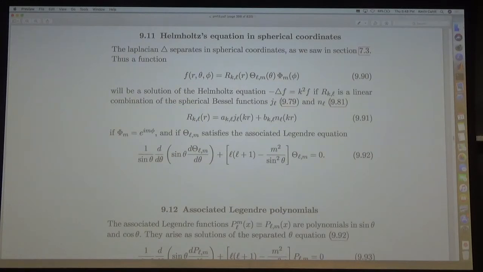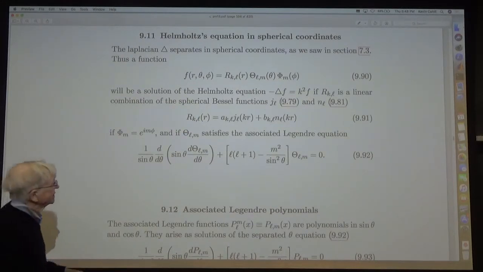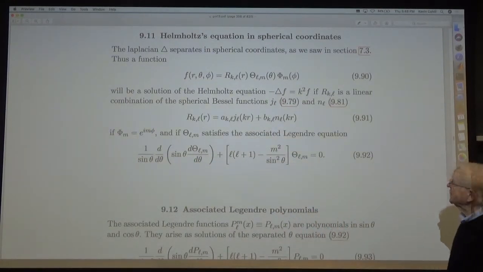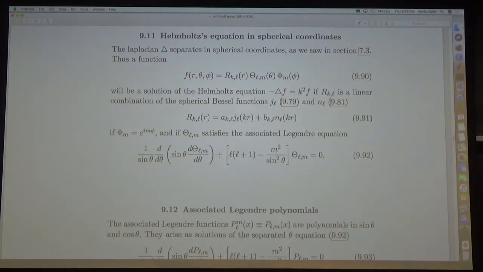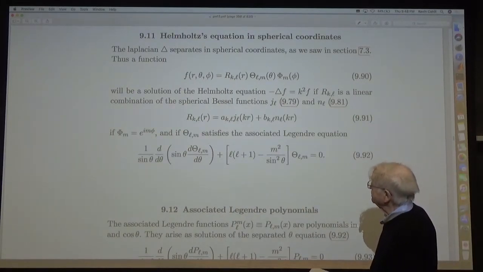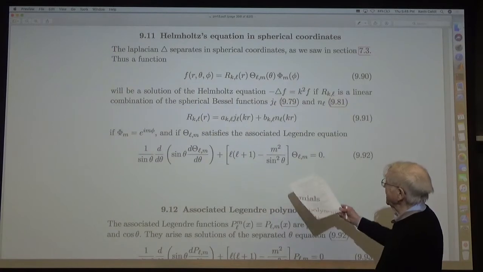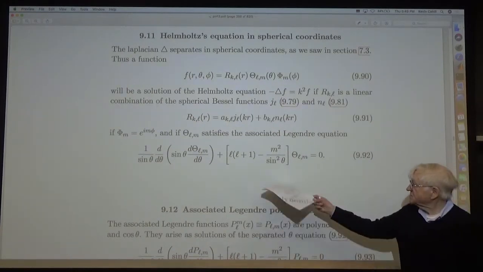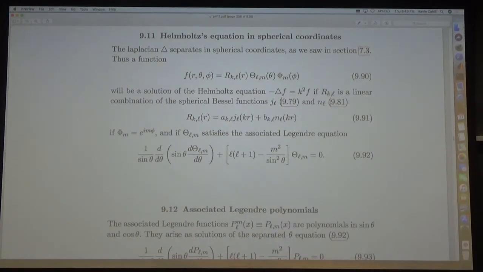And this will be a solution if R is a linear combination of spherical Bessel functions, and if phi is e to the im phi, and if theta satisfies this equation, which is called the associated Legendre equation, and the solutions are the associated Legendre polynomials.